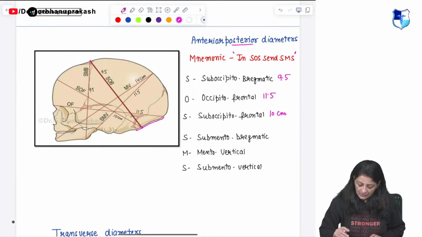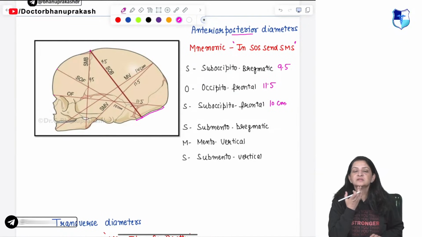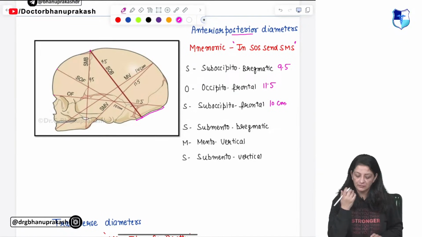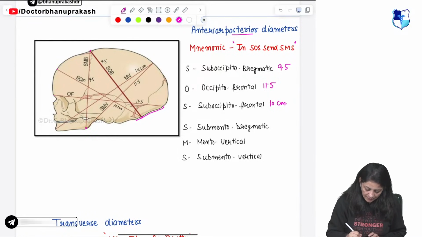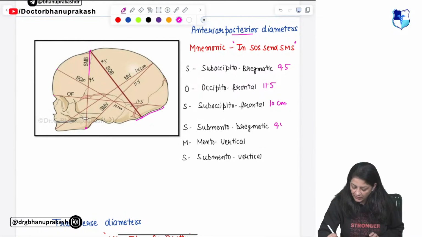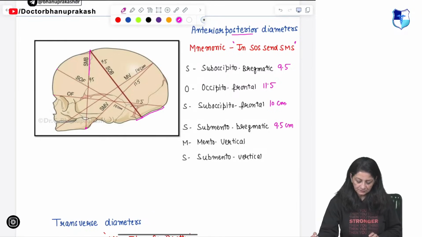Now from the mentum, this is the mentum part of the skull. Submentobregmatic, this one, is 9.5 centimeters.